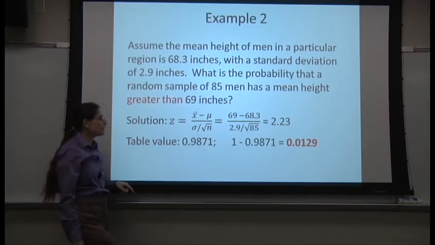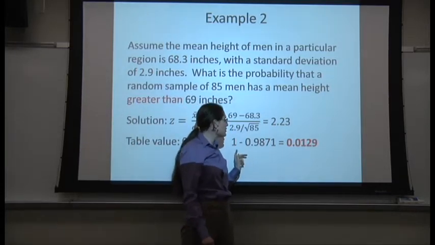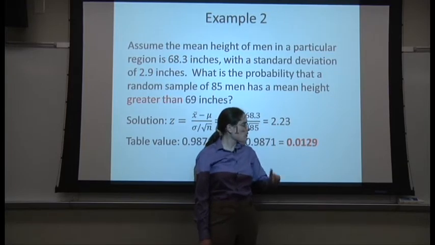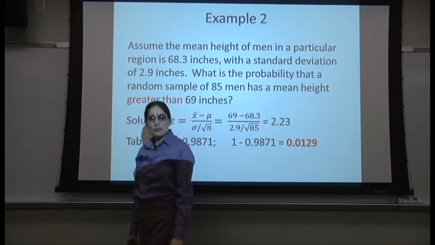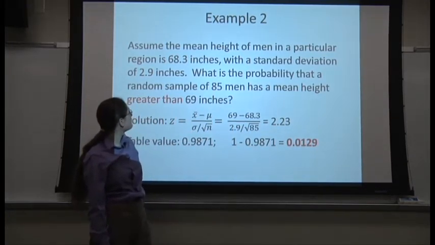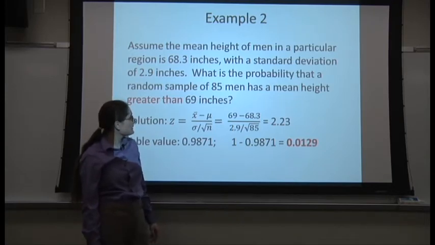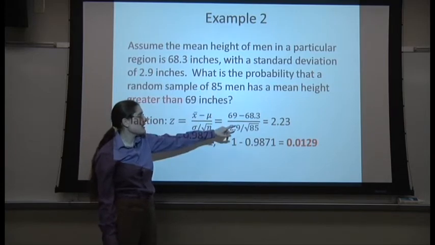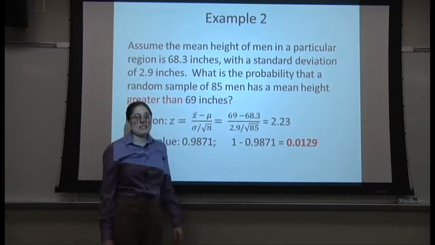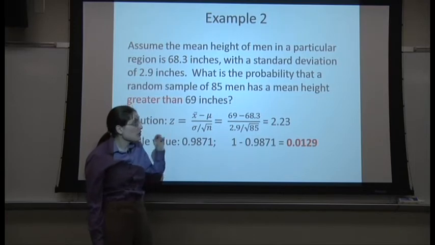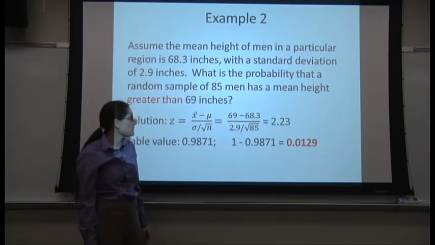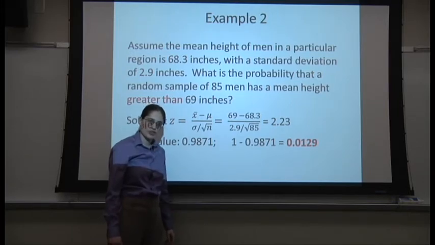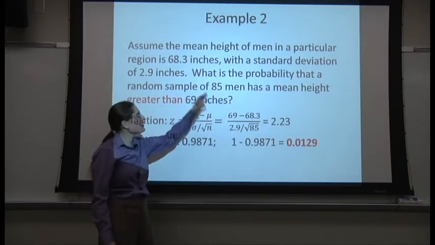So to find the final answer, we need to do 1 minus the table value. 0.0129, about a 1% chance. Wow. So a random sample of 85 men, their sample mean is going to stick really close to the true population mean. We good? Good. Let's try another example.